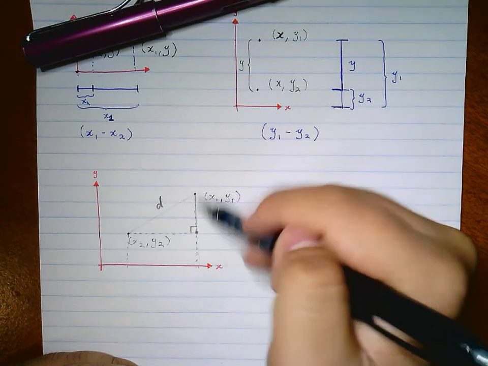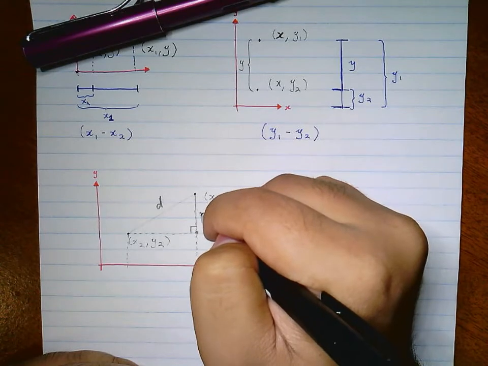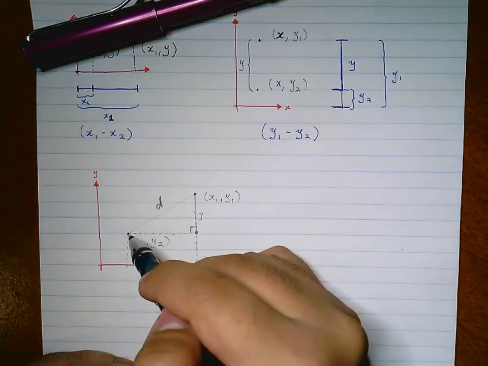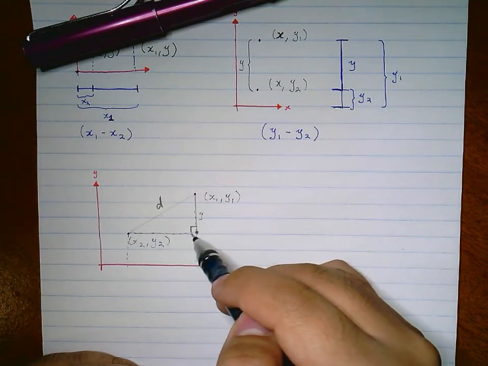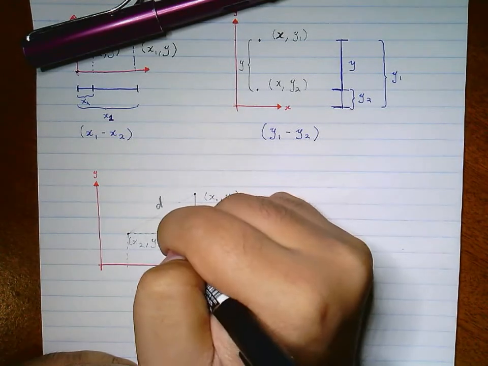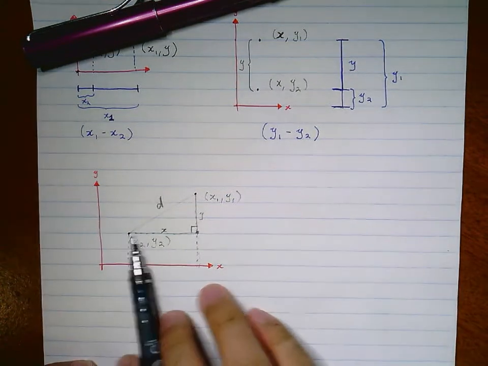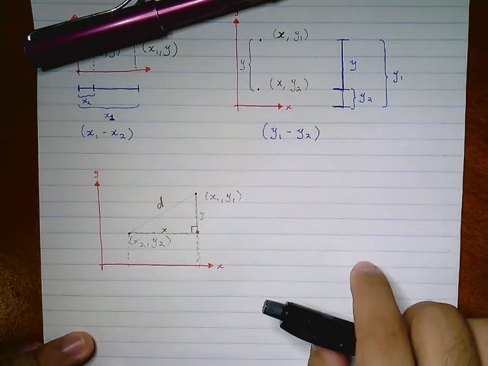And now we just need to figure out what this length here is. Isn't that some length of y? Because it's along the y-axis, isn't it? Same goes for this one. What is that length there? Let's label that one x, because it's along the x-axis.